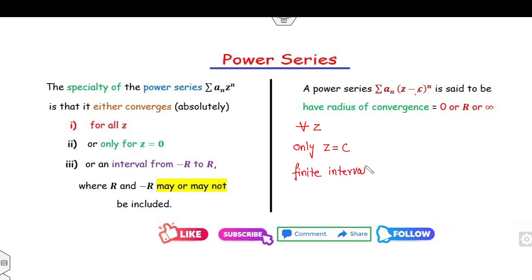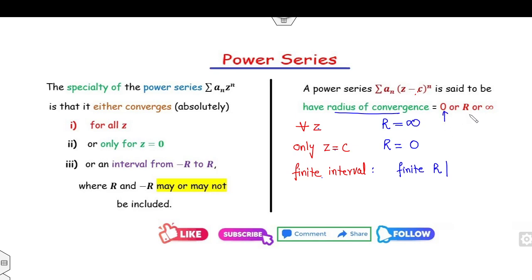Whenever it is convergent for all values of z, then the radius of convergence is infinity. If it is convergent only at the center, then the radius of convergence will be 0. While if it is convergent for a finite interval, then we will get a finite value of r.